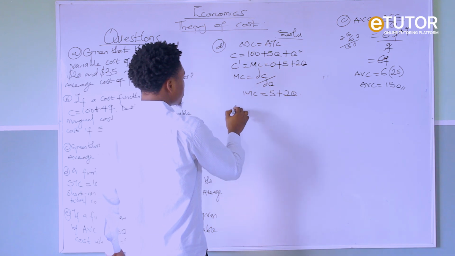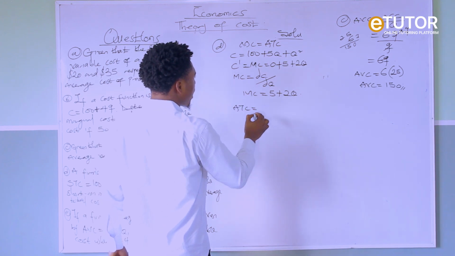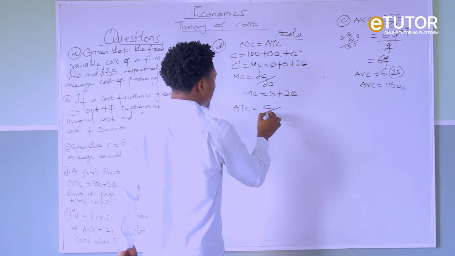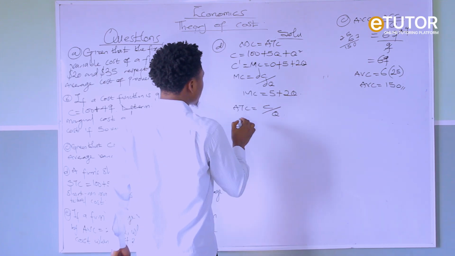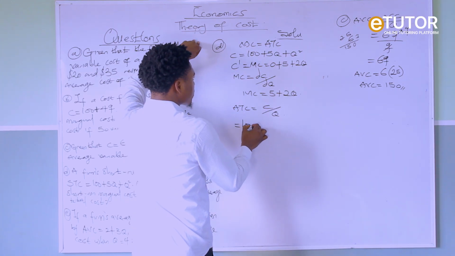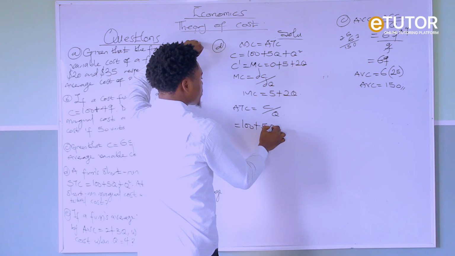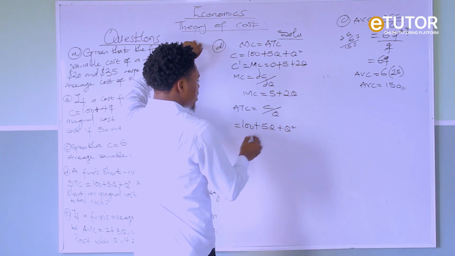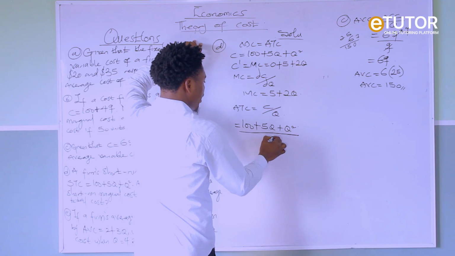Then we need to get our average total cost. What's our average total cost? That's our total cost divided by our quantity. Now, what's our total cost here? Our total cost is 100 plus 5q plus q square. So we have to divide everything by q.